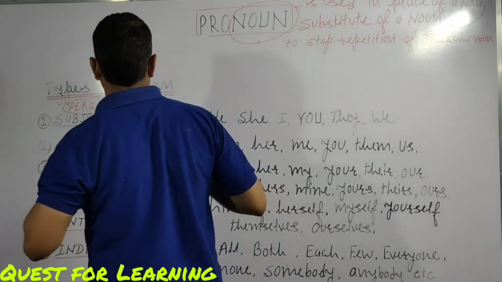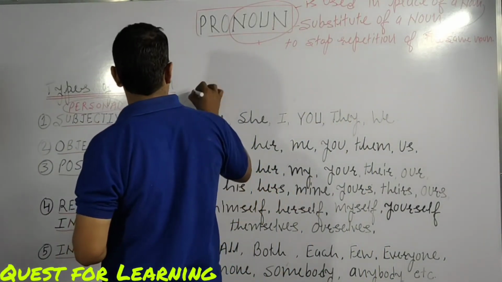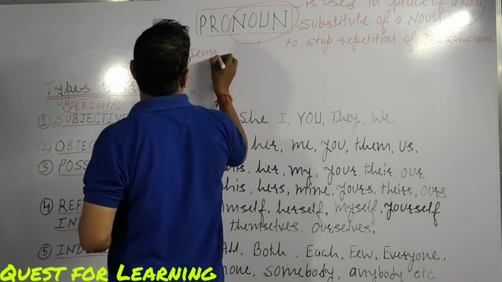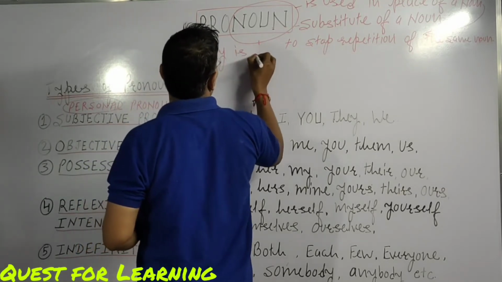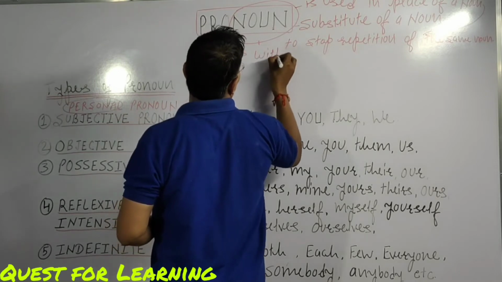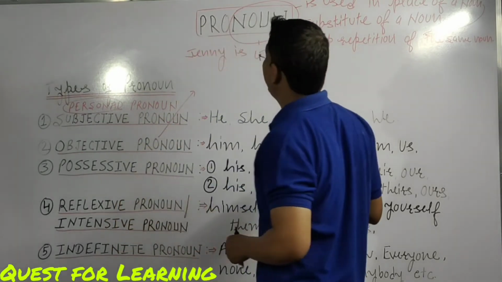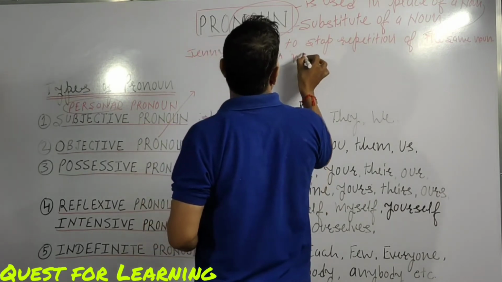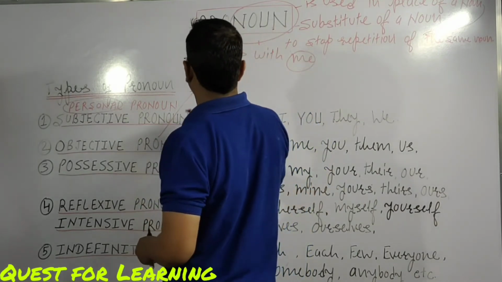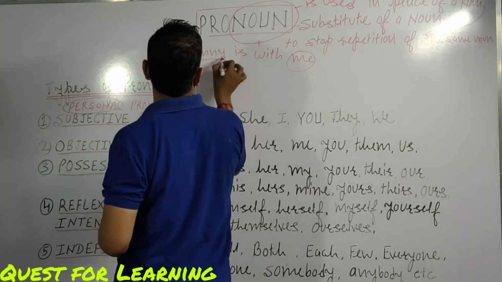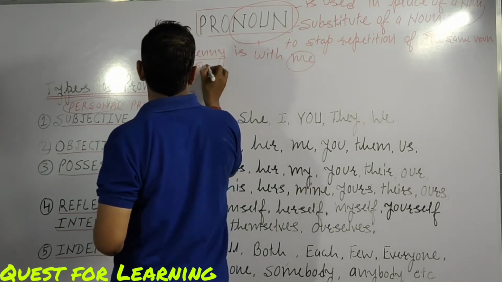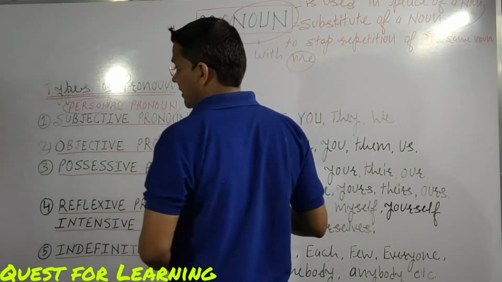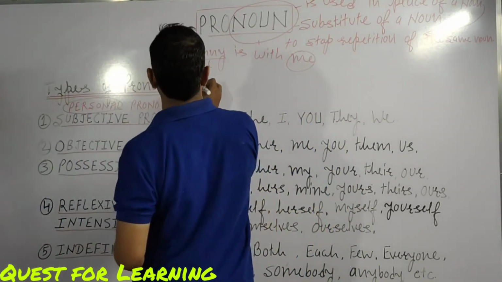Example: Jenny is with me. Okay, with me. Jenny is a subject. And me. Jenny is with me. Jenny is with him.